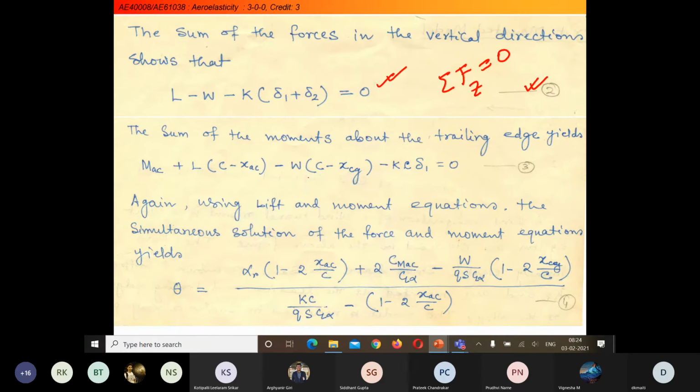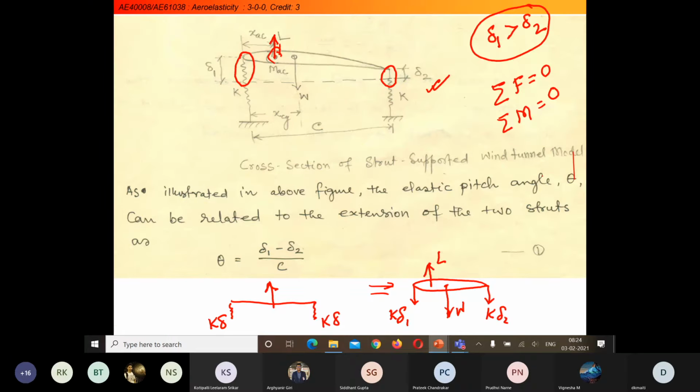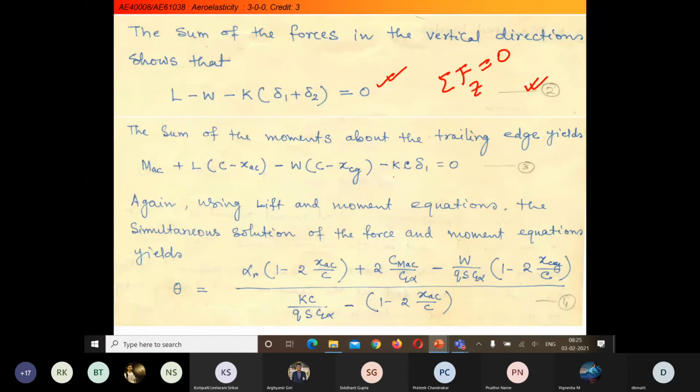Similarly, the weight is acting, W into c minus xcg, and at the trailing edge K delta 1 multiplied by C. This is the moment about the trailing edge. All the moments about the trailing edge should be equal to 0. Is it clear here? This is the aerodynamic moment at zero angle of attack.